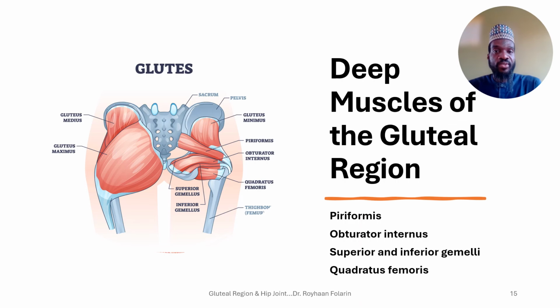Now, let's discuss the deep group of gluteal muscles, which are crucial for lateral rotation and stabilization of the hip joint. And by stabilization of the hip joint, we mean stabilizing the head of the femur within the acetabulum of the hip bone.